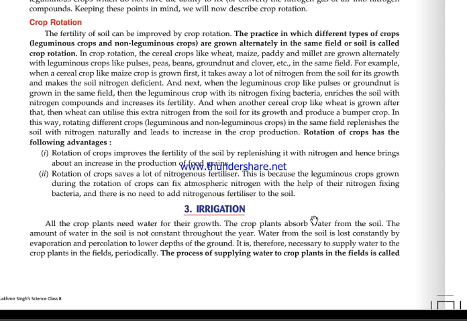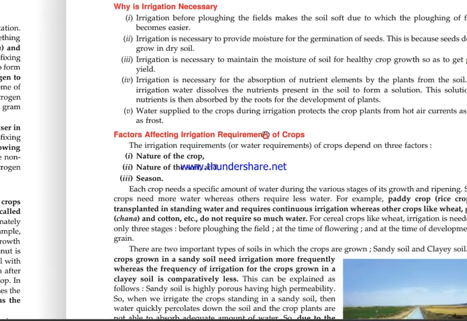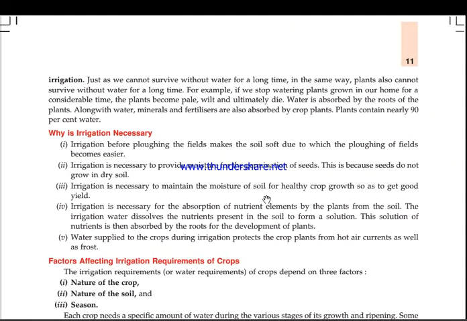Irrigation means supplying the water to the crops which are cultivated in the field. So the process of supplying water to crop plants in the field is called irrigation. In Hindi it is called sichai.